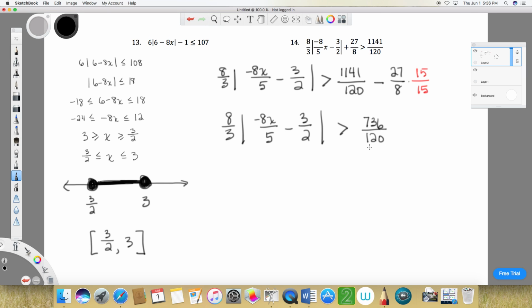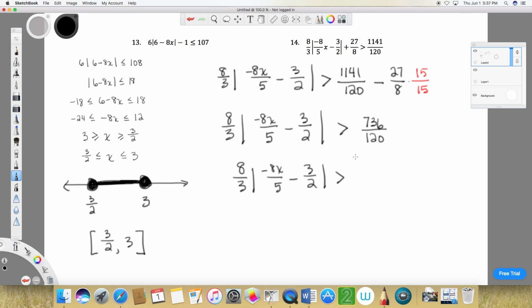Now I can see that this fraction is going to reduce, and I'm going to reduce it because I like working with the smaller numbers. Let the calculator do the heavy lifting for me, and let's see what we have here. Copy down this other part.